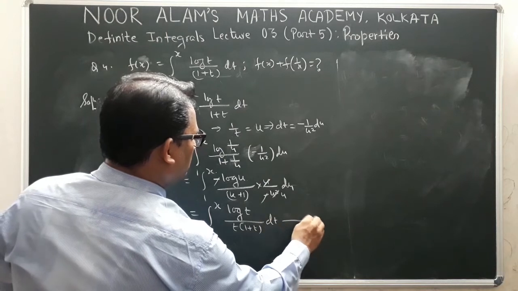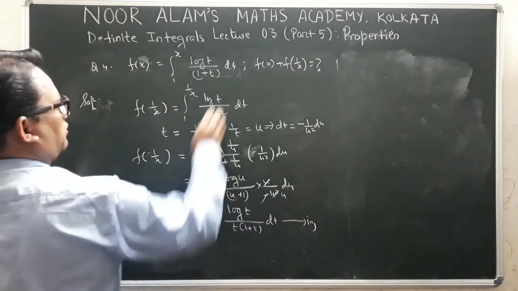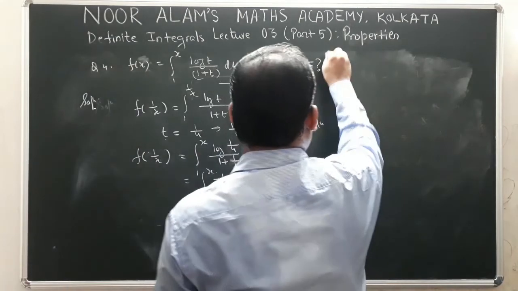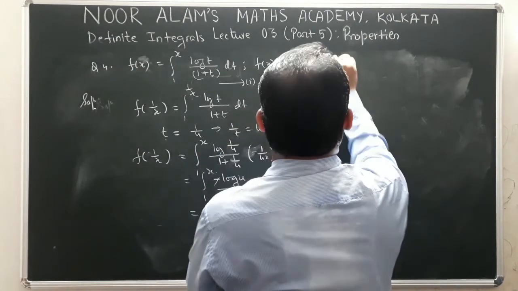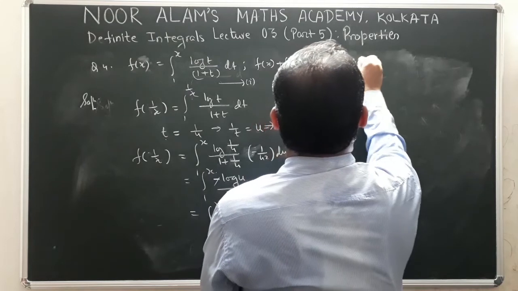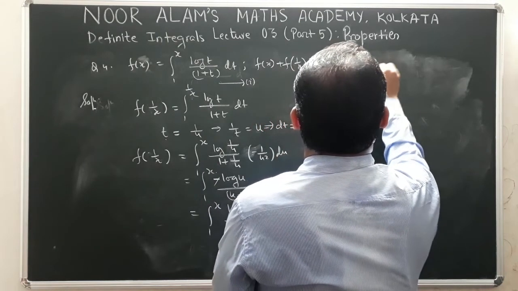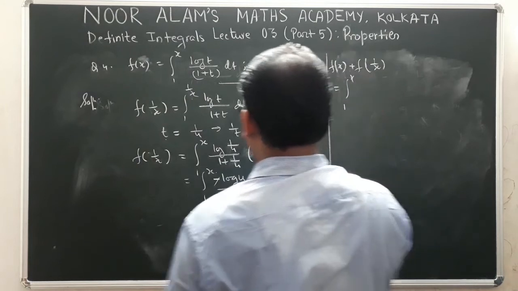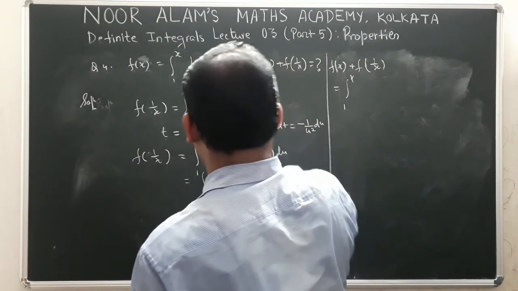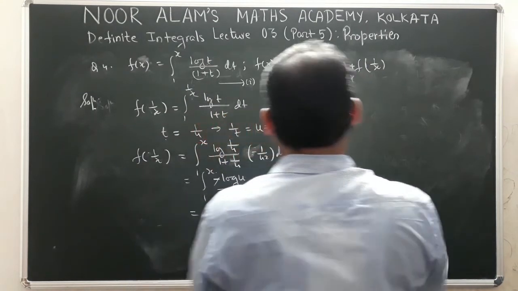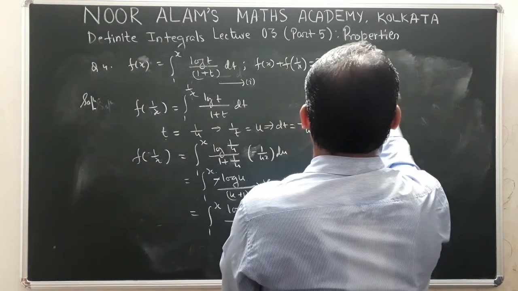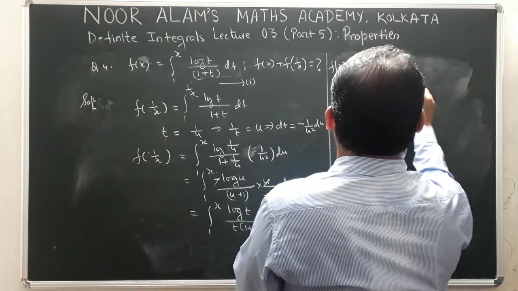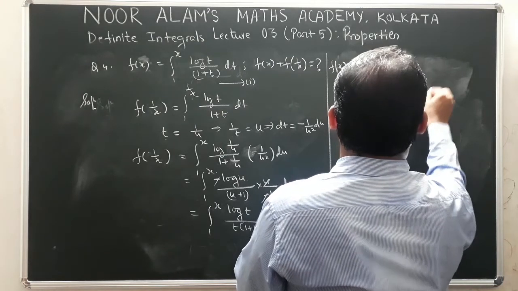This is my equation 2, and the given equation I consider as 1. Now when we add these two equations, we get f of x plus f of 1 by x. The limits 1 to x are common, and here we have log t by 1 plus t, and here we have log t by t into 1 plus t, dt.